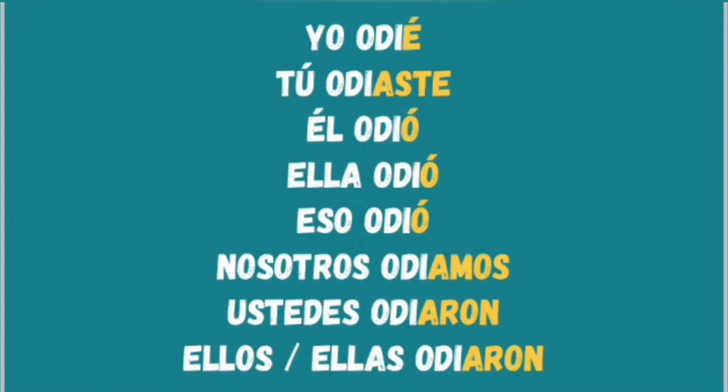To say it hated, you have to say eso odió. To say we hated, you have to say nosotros odiamos. To say you hated in the plural form, you have to say in Spanish, ustedes odiaron.